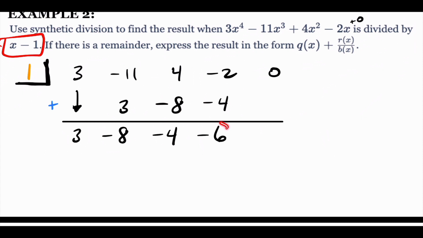Multiply one more time. Negative 6 again. Add straight down. I get negative 6 one more time, and I'm done. Do I have a remainder in this question? Yes, the last guy is the remainder.